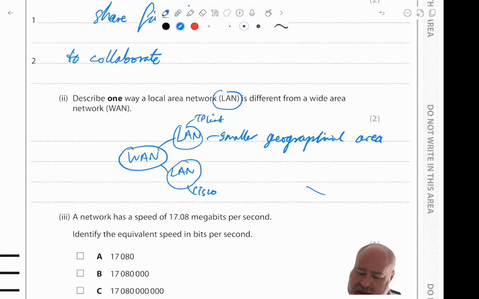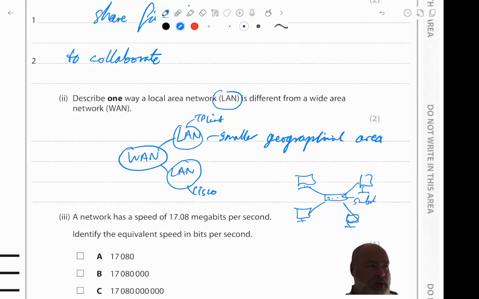If you've got a star network, you've got that switch in the middle, all these computers connected to it. It's very typical. Your router acts a bit like a switch. So the LAN will use individual devices, switches, whereas a WAN, wide area network, uses gateways. There's plenty there for 2 marks.